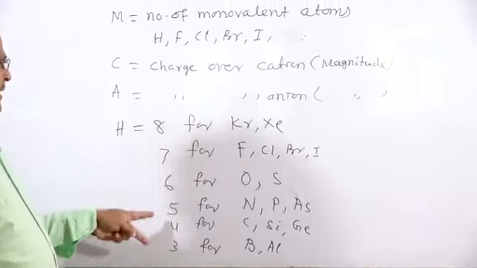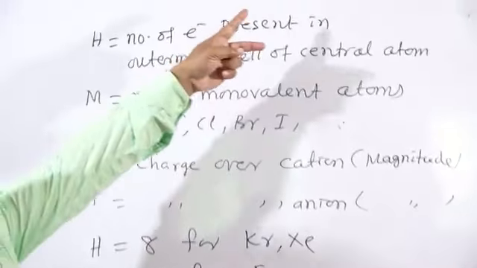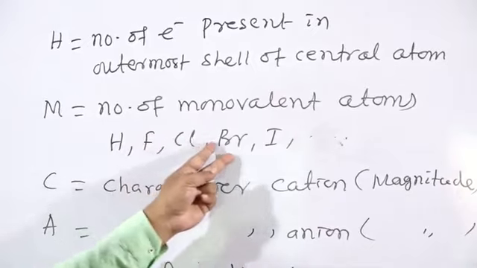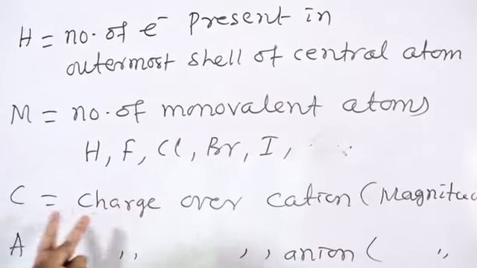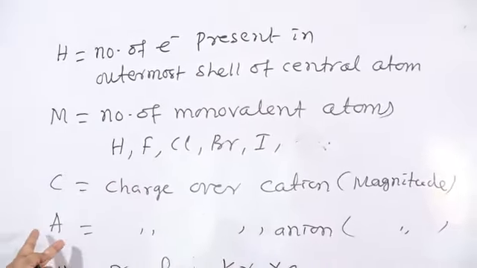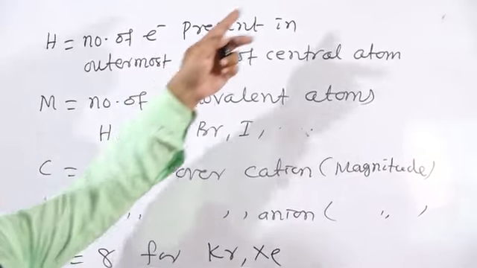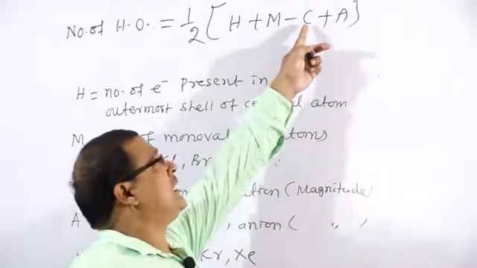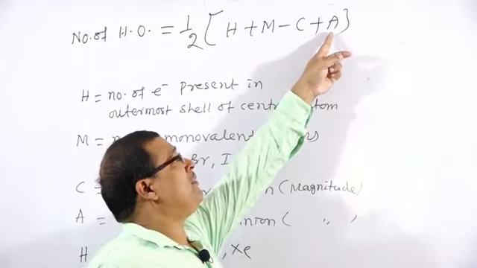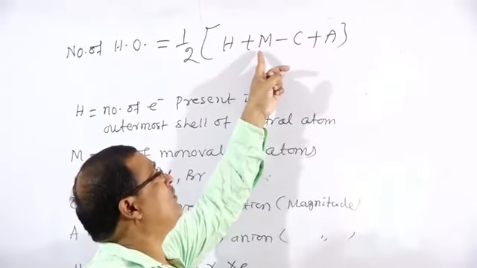So these are the values of H, M stands for the number of monovalent atoms, C for cations and A for anions. Whenever there is no cation, C is 0, no anion, A is 0, no monovalent atom, M is 0.